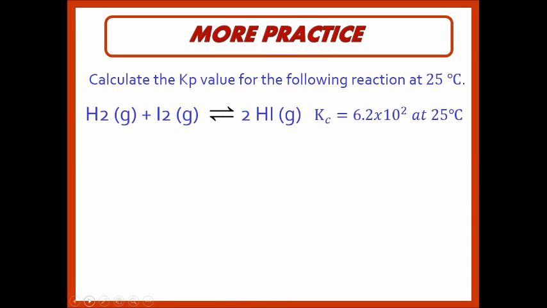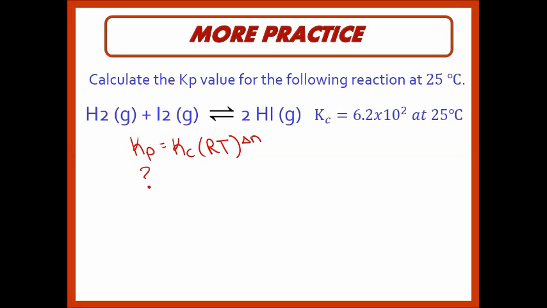We're asked to calculate the Kp value for the following reaction at 25 degrees Celsius. So it's H2 gas plus I2 gas is forming 2 moles of HI gas. And we're given the Kc value of 6.2 times 10 to the second. So again, using the equation, Kp is equal to Kc times RT raised to the delta N, we're going to solve for this Kp value.